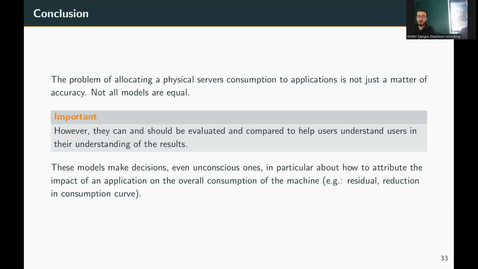Especially since those models make decisions, even if the decisions are unconscious, for example about how to split the residual consumption, how to split the reduction in the logarithmic consumption curves. And these decisions, we believe, need to be documented so that users don't just use the model and get results without understanding how the results are obtained.